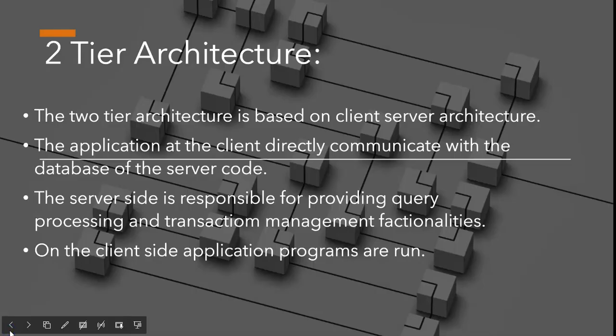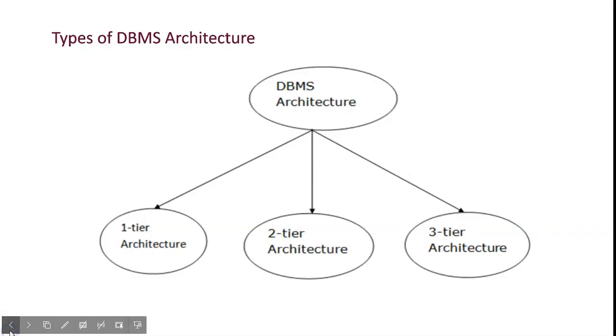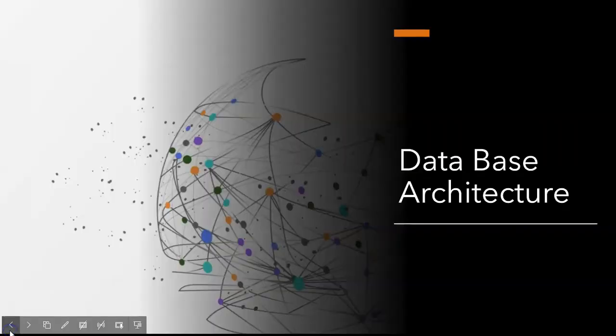So the advantages of the database management system architecture are: first one is enhanced scalability, second one is data integrity, third one is improved security. So these are the three advantages of database architecture. Integrity is nothing but modification. So data integrity is one of the advantages of the database architecture.